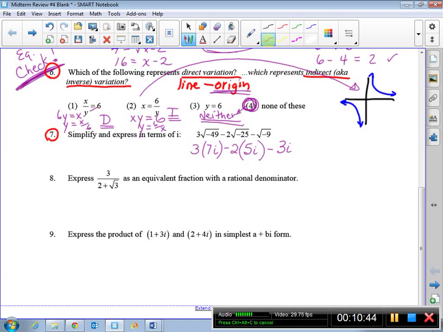So remember, when we have a negative under a radical, the square root of negative 1 equals I. When we have a negative under a radical, we bring that I out right away. This is 21I minus 10I minus 3I. So 21I minus 10I is 11I minus 3I is 8I.